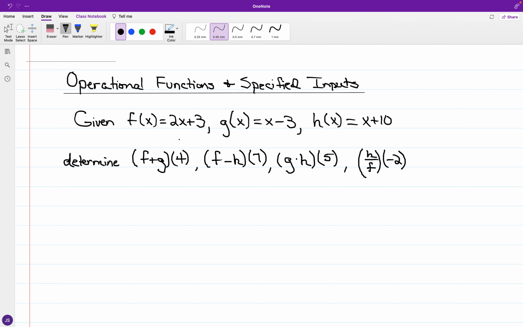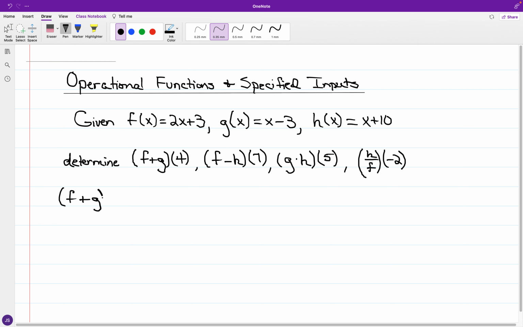Okay, so we have three linear functions assigned for f, g, and h of x. Now for f plus g of 4, the way you can look at this is that just like f plus g of x can be split up as the sum of f of x and g of x, we can say that f plus g of 4 is equal to f of 4 plus g of 4.